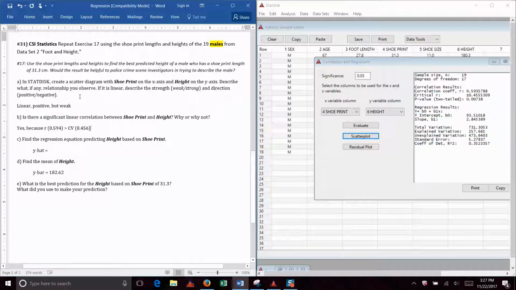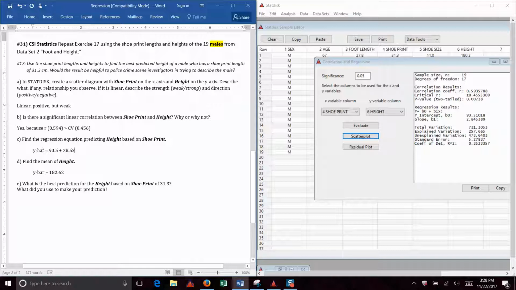So even though it looked like a weaker relationship, we do have a significant linear correlation. We can move forward. Now our regression equation, that's going to be y hat is equal to 93.5 plus 2.85x.